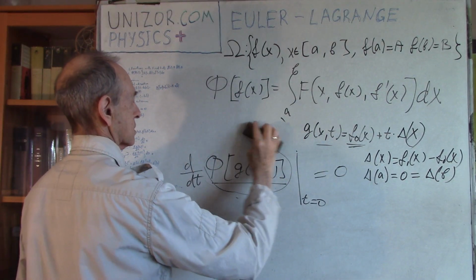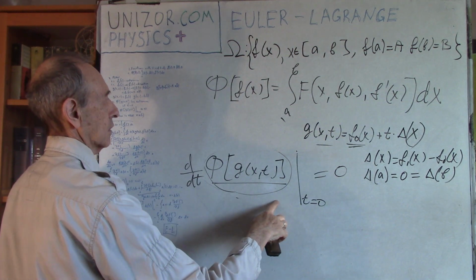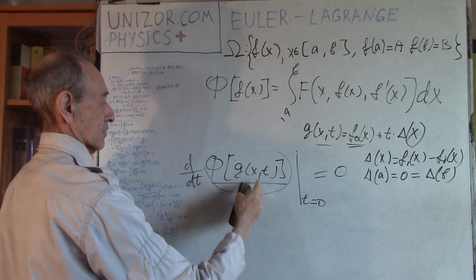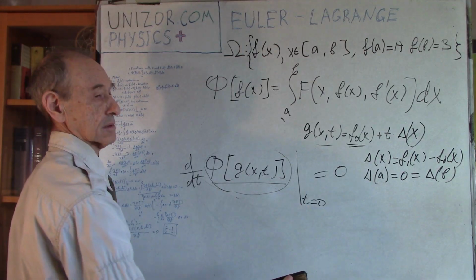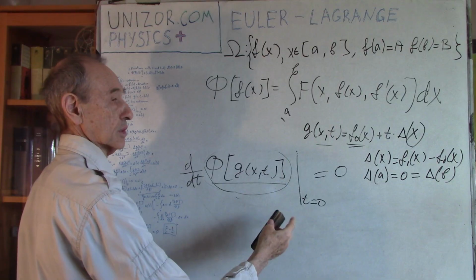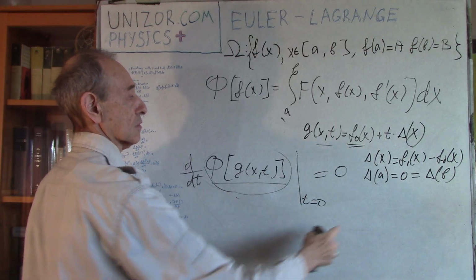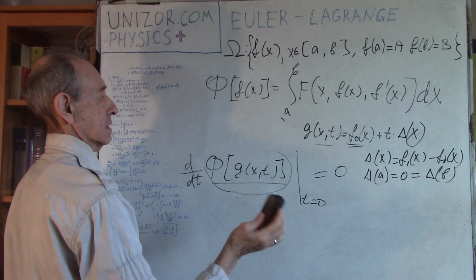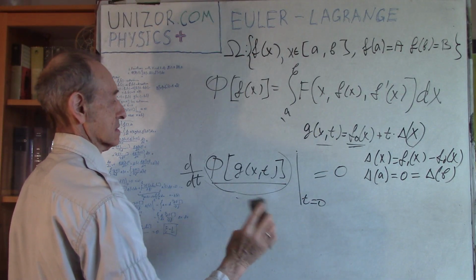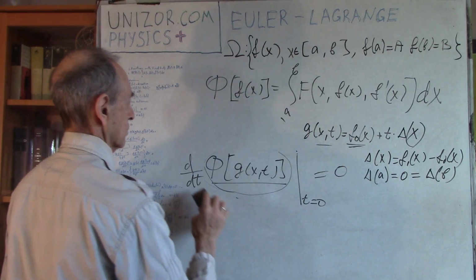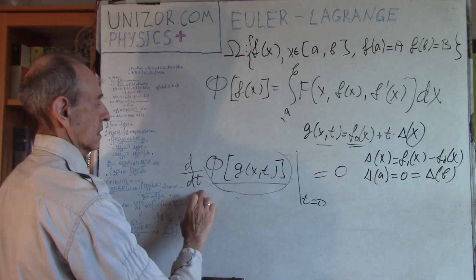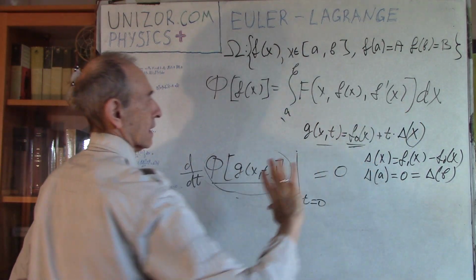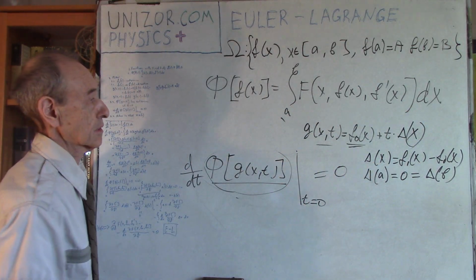So let's do this differentiation of phi as a function of t. Then we assign t equal to 0, and whatever the result is, it must be equal to 0 for any delta which satisfies these conditions. Okay, so again, everything else is technicality. Now, differentiation by t of phi. Phi is an integral by x. x and t are completely independent variables, right?